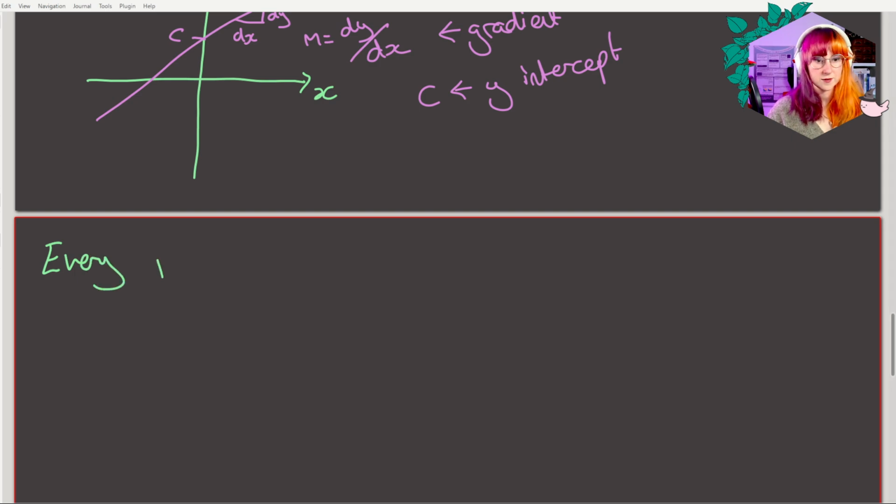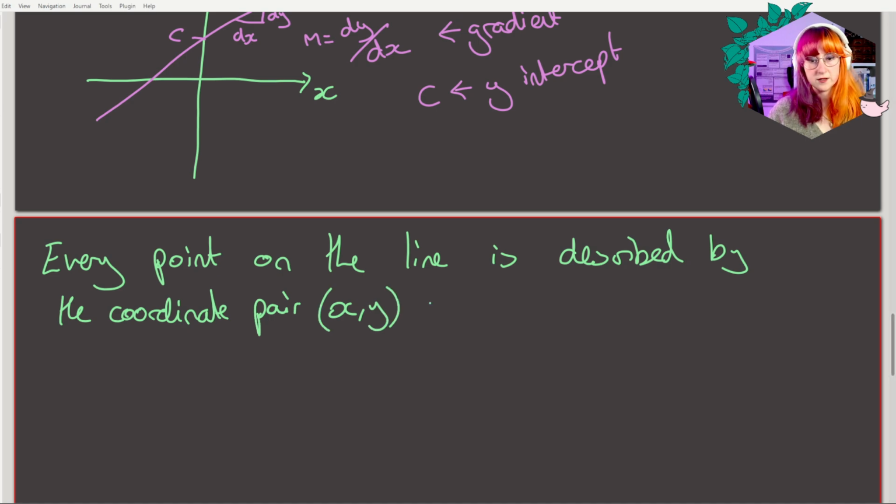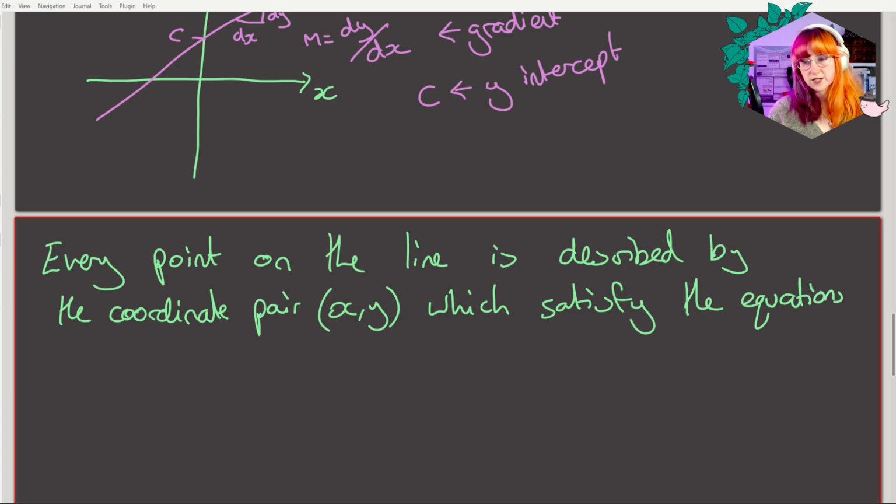So every point on the line is described by a pair xy which satisfy the equation.